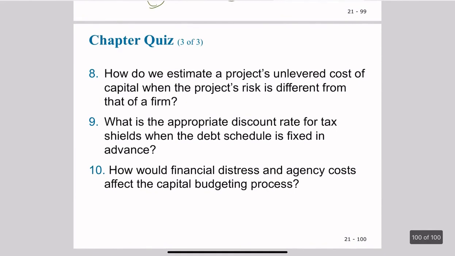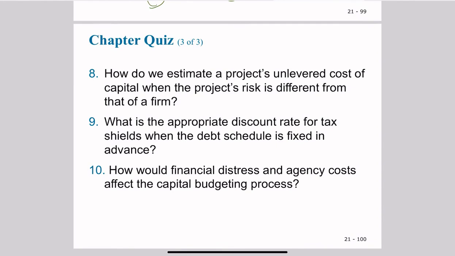Eighth, how do we estimate a project's unlevered cost of capital when the project's risk is different from that of a firm? This one is pretty easy to understand, right? Basically, if the project has a different risk compared with the firm, you have to find comparable firms.